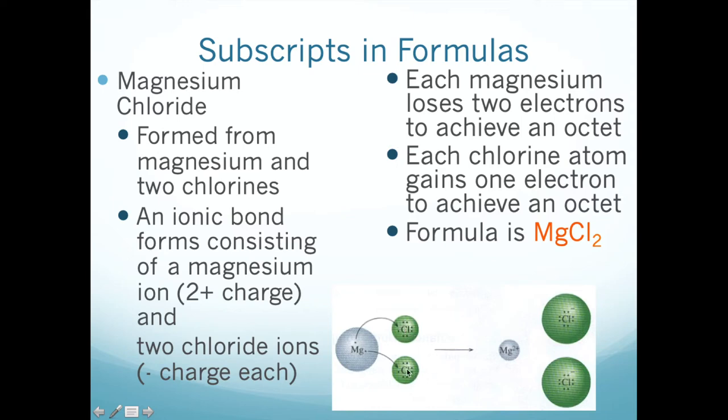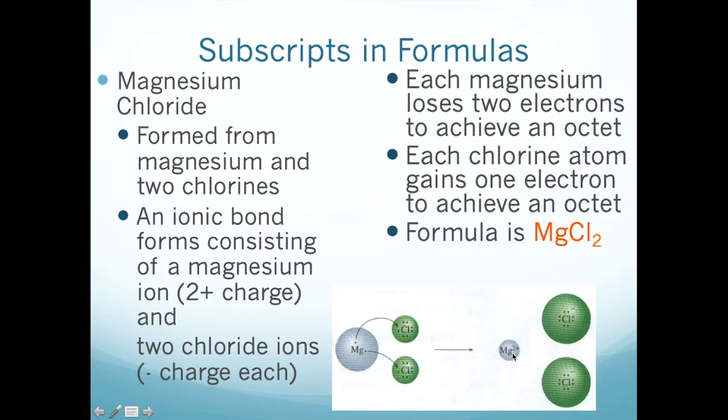So you need 2 chlorines to take both those electrons. Alternatively, you could explain it by the fact that we have each chloride with its -1 charge. Well, we need chlorides to balance out the 2 positive charges on our magnesium ion. So if we have 2 positives, we need 2 negatives to balance that out.